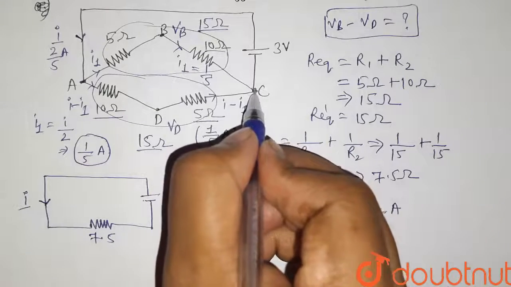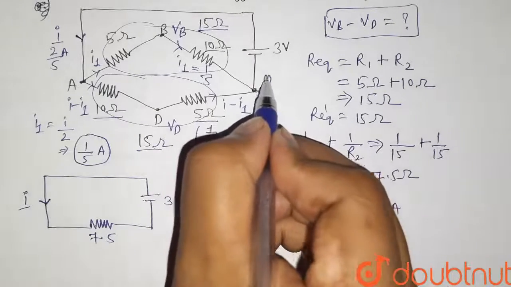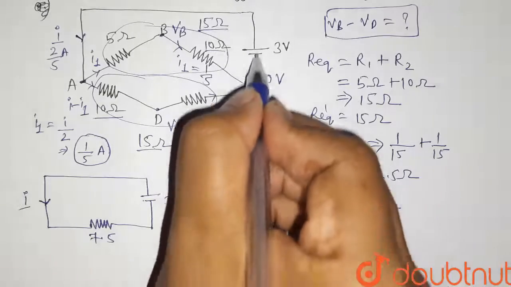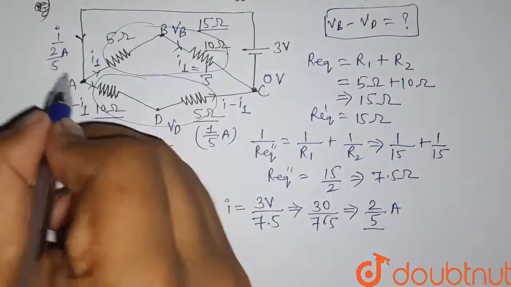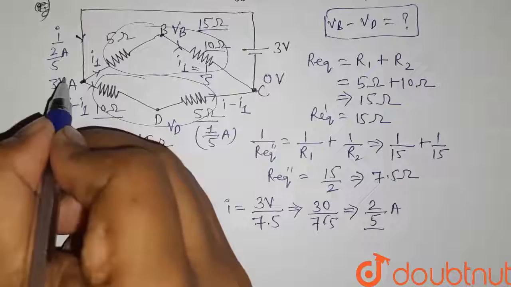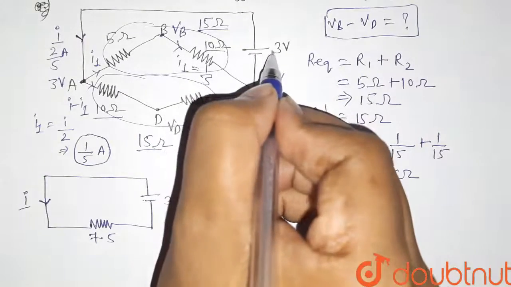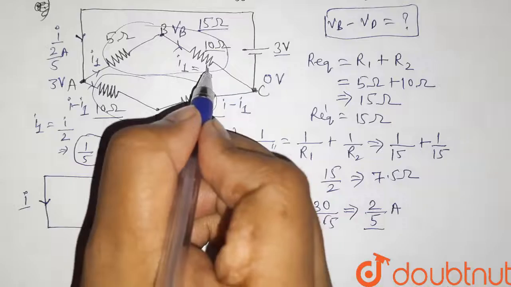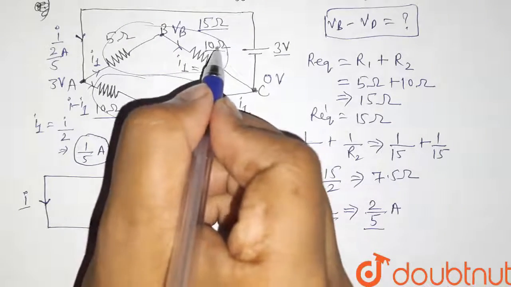Now applying nodal analysis. In nodal analysis we can take any one point at 0 volt. So it is at 0 volt. Now this point will be at potential 3 volt because here we gained a potential of 3 volt. Now the current of 1 upon 5 ampere is flowing through this resistor.